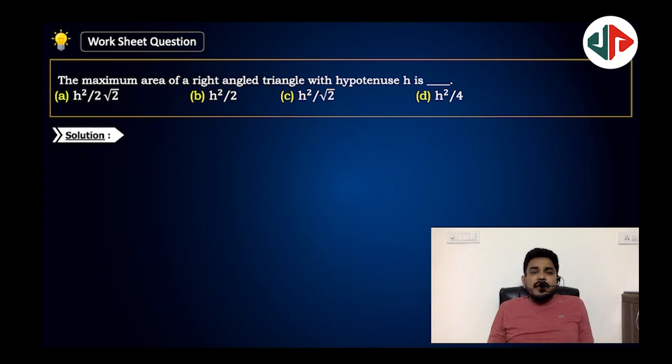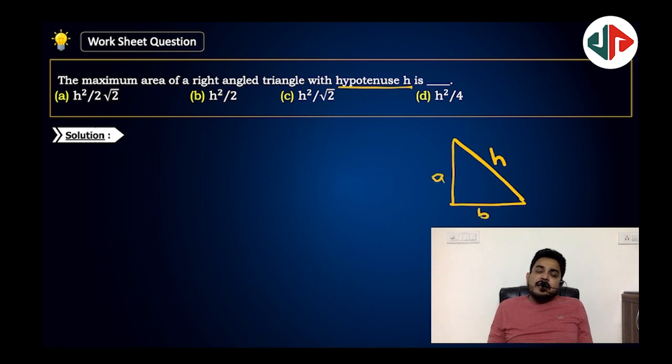The maximum area of the right angle triangle with the hypotenuse h is. They are asking: hypotenuse is h. So here, if A and B are the sides, area will be equal to AB by 2.